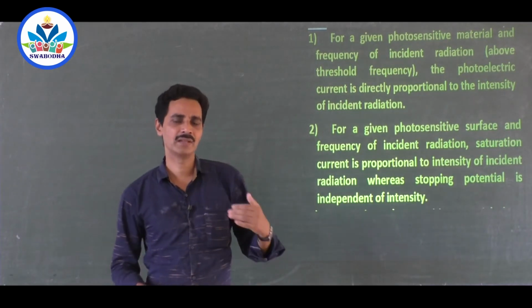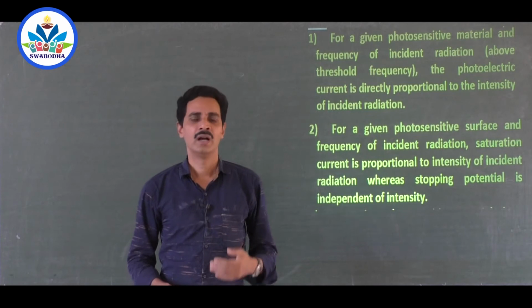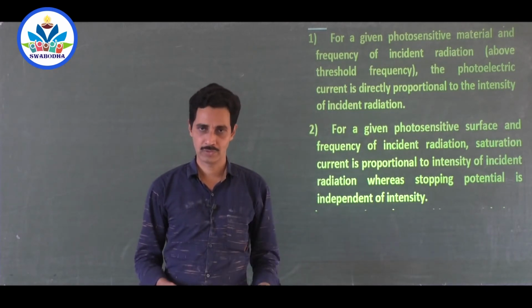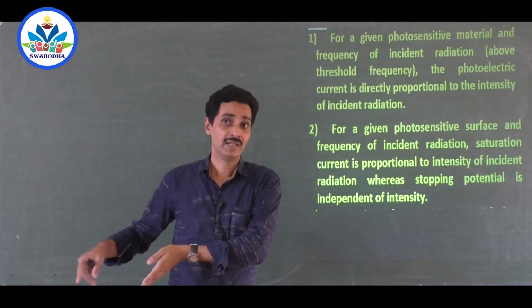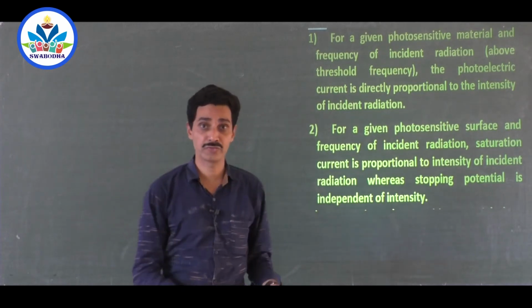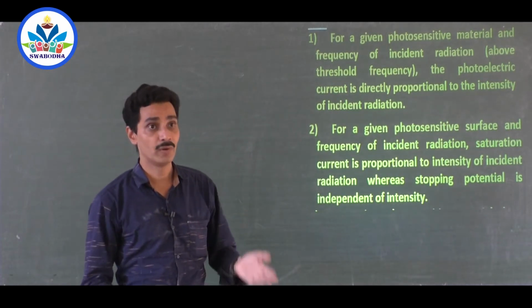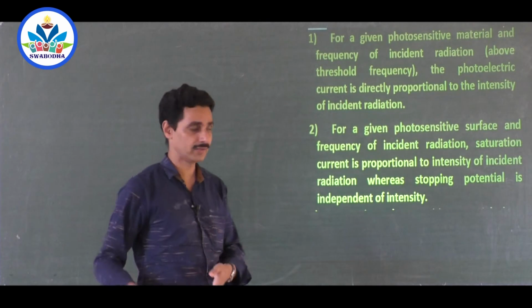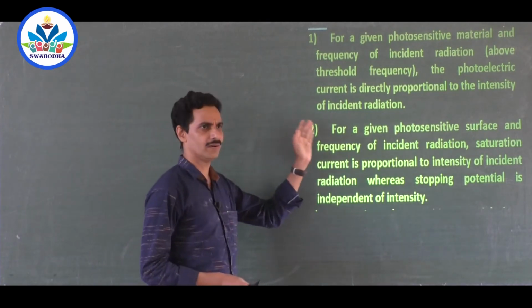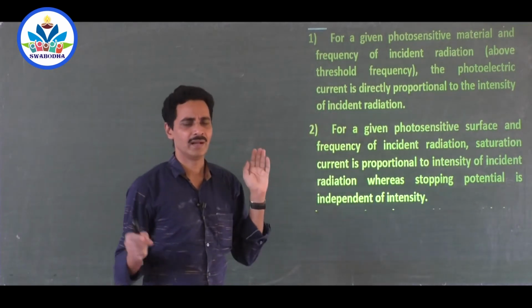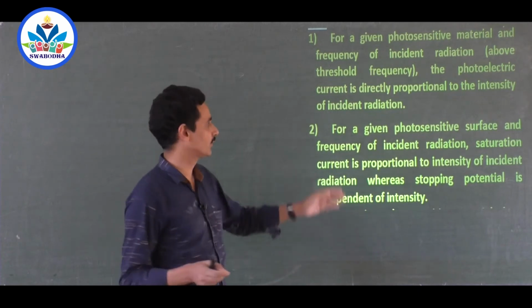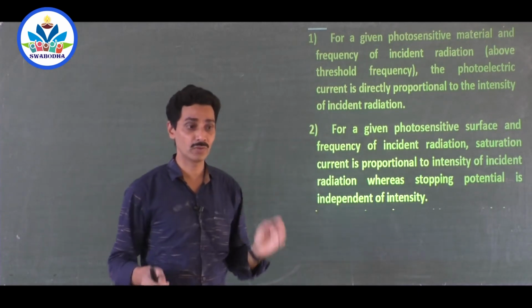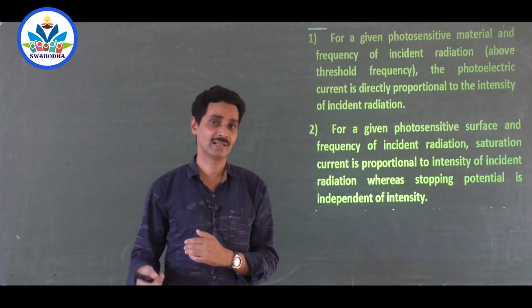When the intensity of incident radiation is more and more, the photoelectric current is more and more. Einstein's explanation is different. He says when you increase the intensity, more photons fall, more electrons are removed, and current increases. That is a different part. But Hallwachs and Lenard say simply that as intensity increases, the photoelectric current increases. But this happens only when the incident frequency is greater than the threshold frequency.